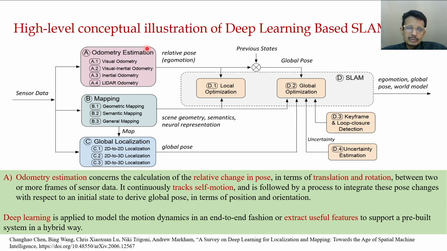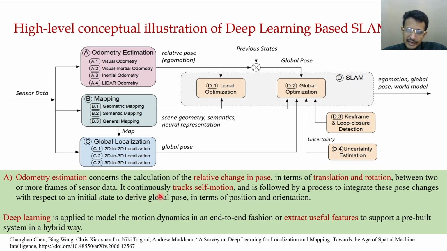So now we have a high-level conceptual illustration of deep learning based SLAM. Here you can see part A, odometry estimation: visual odometry, visual inertial odometry, radar odometry, lidar odometry. Odometry estimation concerns the calculation of the relative change in pose, in translation and rotation, between two or more frames of sensor data.